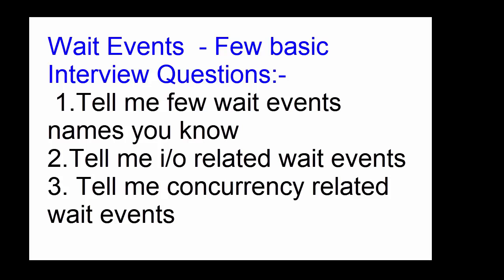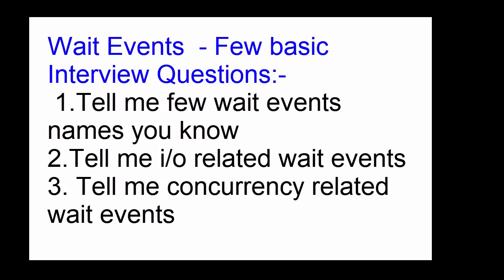With respect to wait events, these are very basic interview questions, not going into the details. Generally, they will ask you in the interview, tell me a few wait event names which you know, so that they will test whether you know anything about wait events, because when you say you have analyzed an AWR report, obviously they will ask this question.